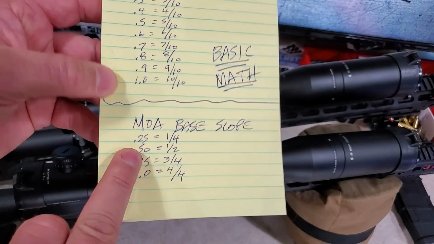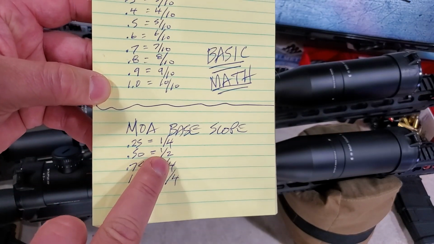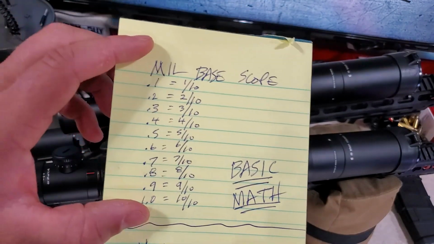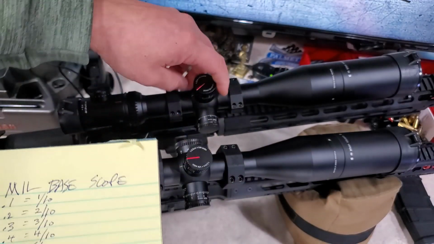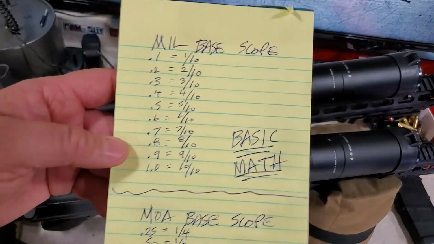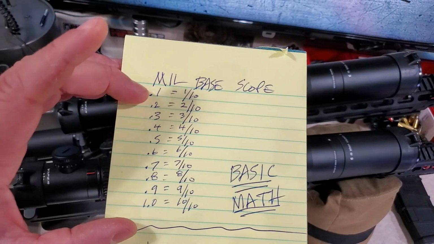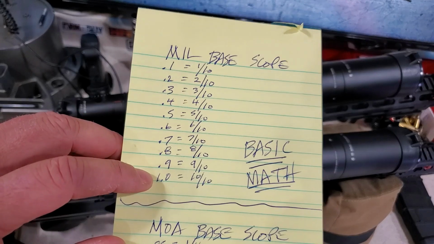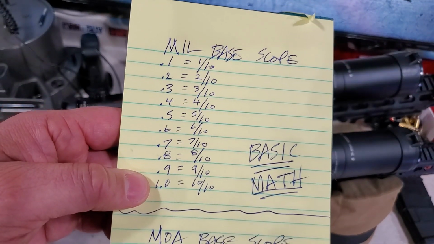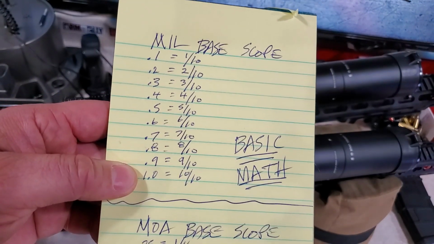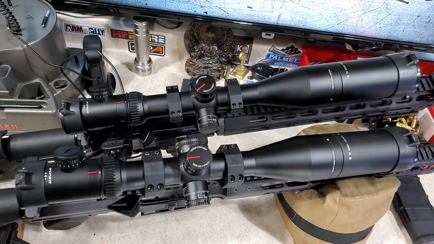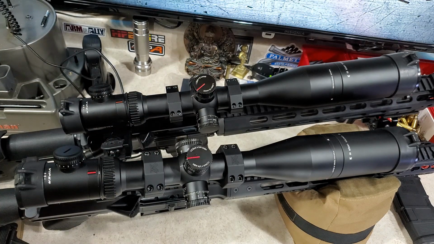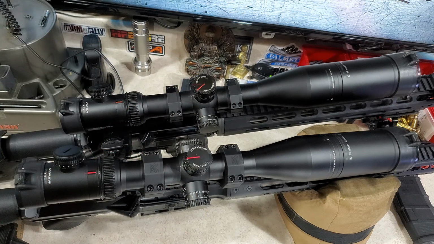Rather than using 1/4 minute of angle adjustments, you're using a mil-based system, which 1 full mil adjustment is broken down into 1/10 or 0.1, 0.2, 0.3, all the way up to 1 full mil adjustment. So just because you think in fractions that you can't use a mil-based scope, that's why I think that is complete BS, and I'm going to explain that in further detail here in a little bit.